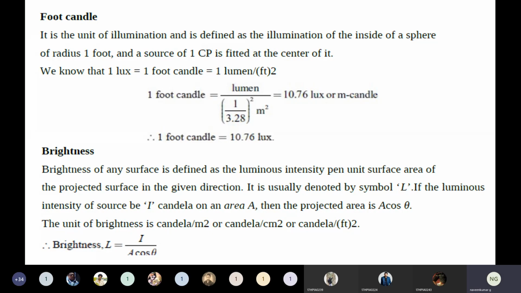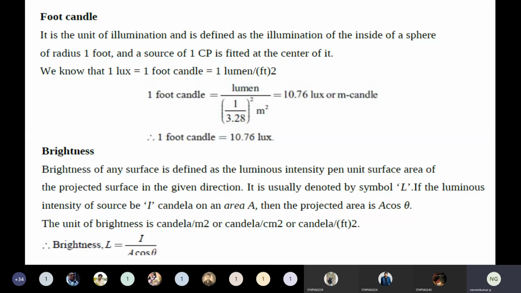Next definition is brightness. So brightness of any surface is defined as luminous intensity per unit surface area of the projected surface in the given direction.